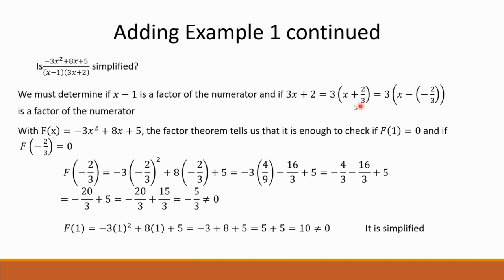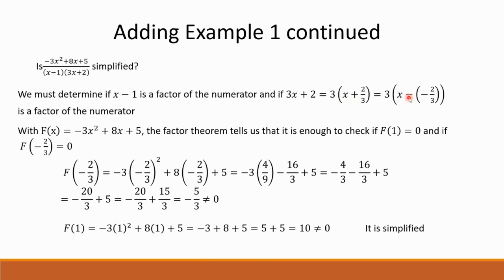So what I do here is I factor out 3. That's what I did. When you factor out, you divide to get what's left over. And it also has to be minus here, not addition. That's why we do this. I'm just using the factor theorem. That's all I'm doing.